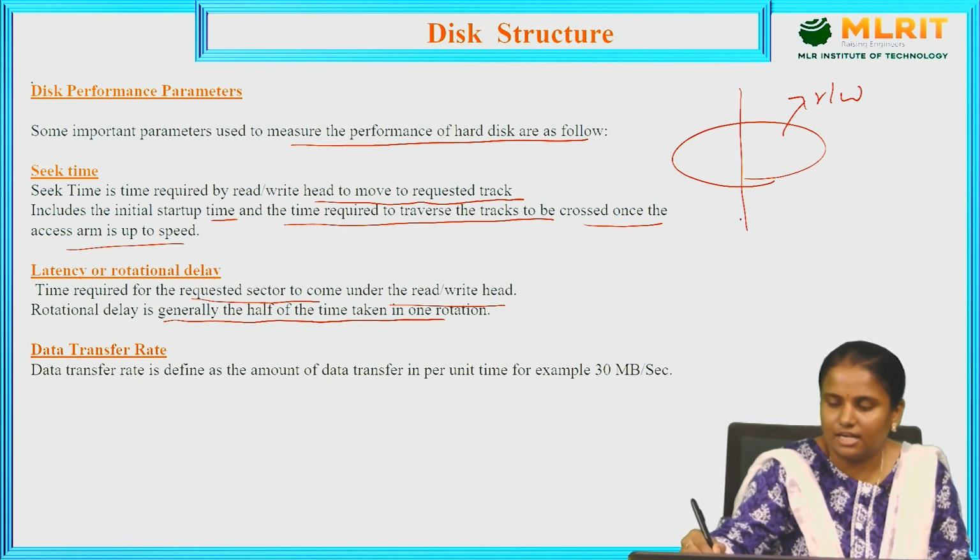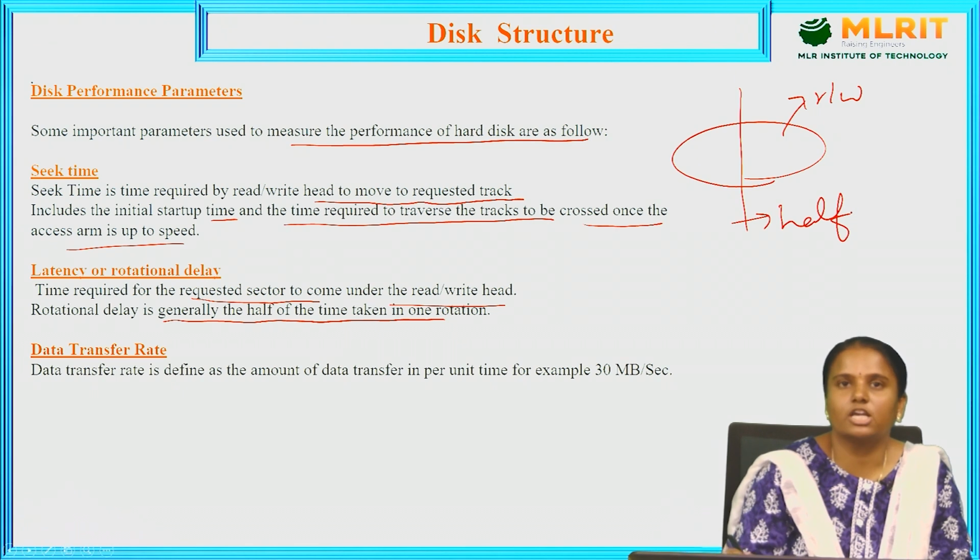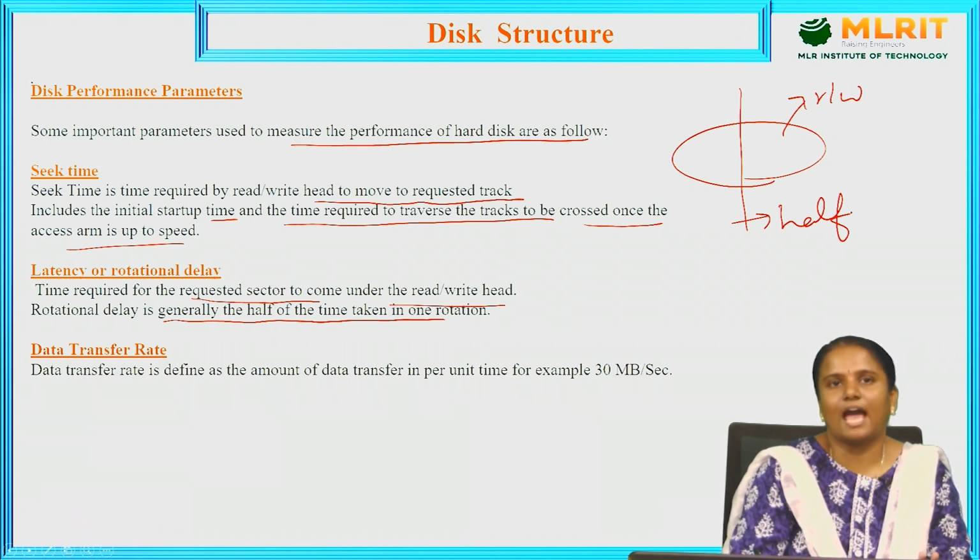So, half of the time of one rotation is what we call rotational delay or latency.